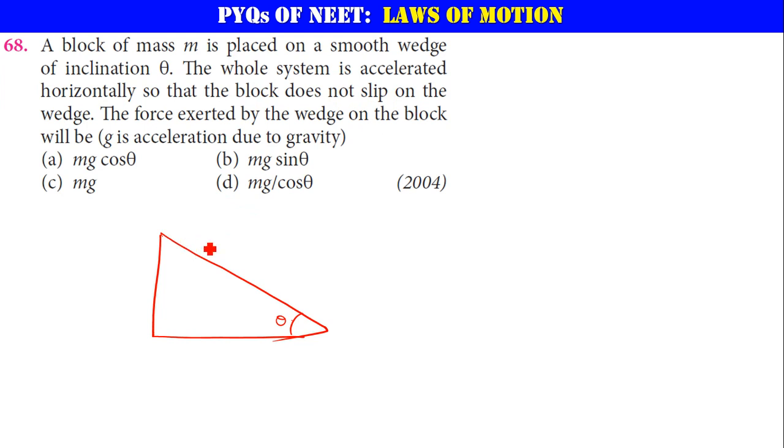The whole system, let us say there is a mass m here, and this whole system should be moving horizontally so that the block does not slip on the wedge. The force exerted by the wedge on the block, that is your normal reaction, isn't it? He is asking about the normal reaction. That's it. Now let's consider the forces acting on it.